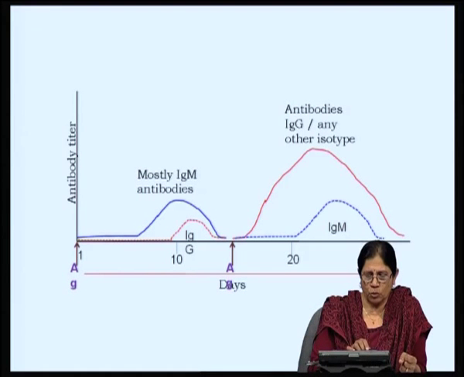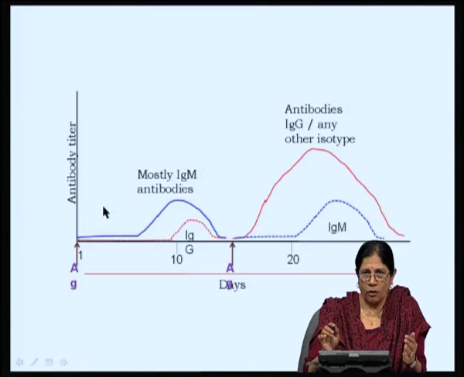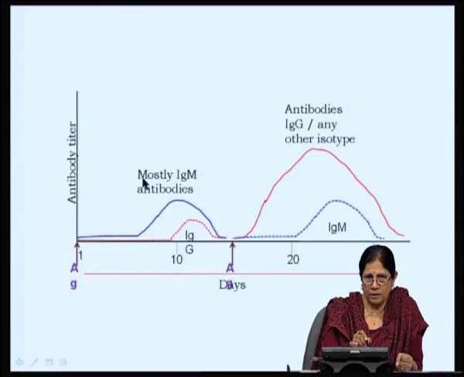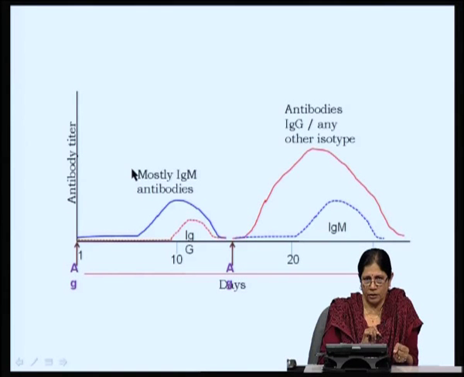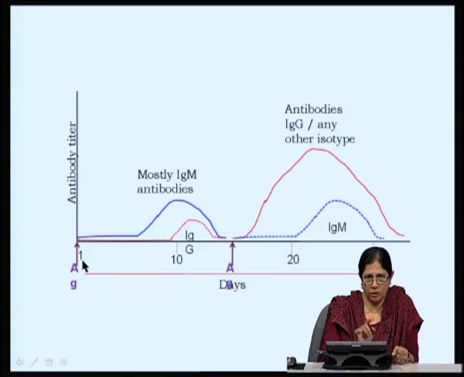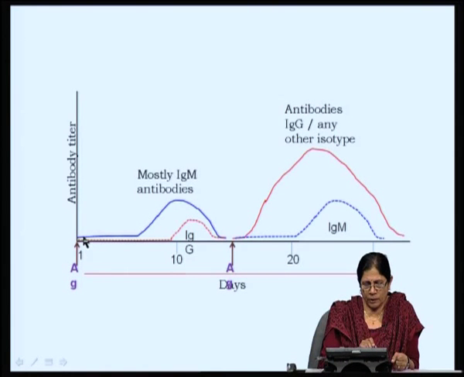Remember that the total immunoglobulin repertoire will remain almost the same with respect to the amount of immunoglobulin, but the antibody titer, the antibody to the antigen which has been injected, will differ. Now, one can see very clearly that there is a lag phase of at least about 6 days, after which the circulating antibodies to the antigen start to increase, and the class of immunoglobulin that one sees in blue is mostly IgM.